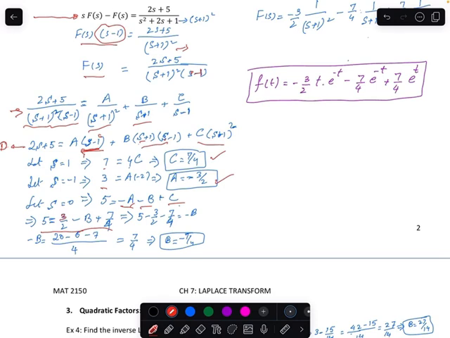I kept the -b on the right and moved all the other numbers to the left, took the common denominator, and simplified. We got 7 over 4. But remember, that is -b. So b will be -7 over 4.